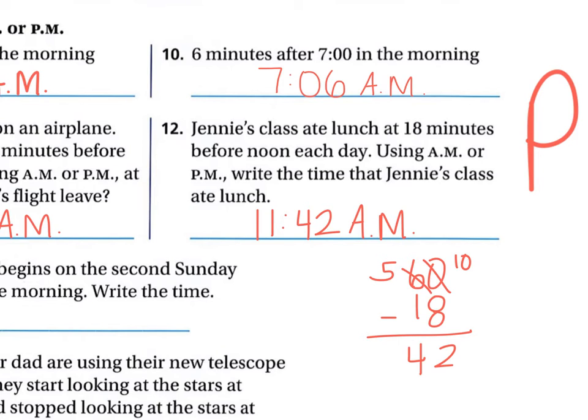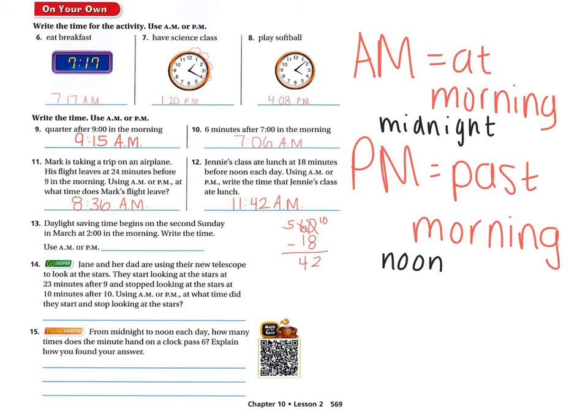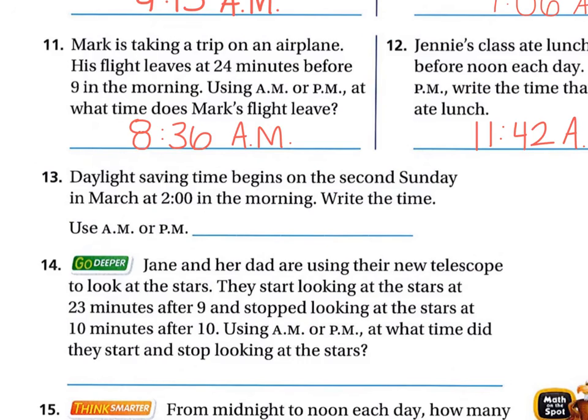This problem was really tricky when determining whether it's AM or PM, because at noon, remember our trick over here, noon is PM. But since we are before noon, we know everything before noon is AM. So this would be 11:42 AM. That was kind of trickier than the other ones that we've been practicing with today.